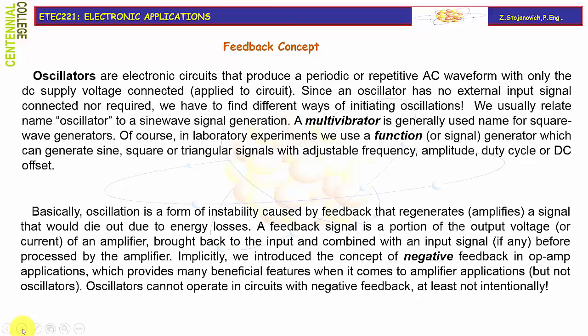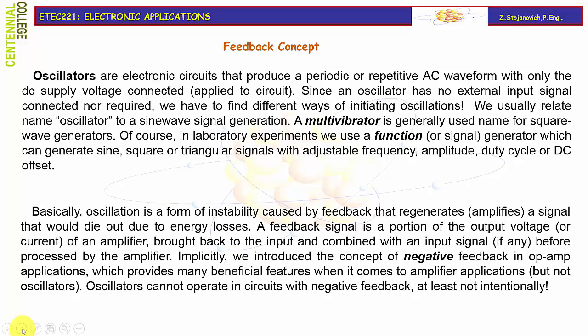Oscillators, as we said, are electronic circuits that produce a periodic or repetitive AC waveform with only the DC supply voltage applied to the circuit. Since an oscillator has no external input signal connected, nor required, we have to find different ways of initiating oscillations. We usually relate the name oscillator to sine wave signal generation.